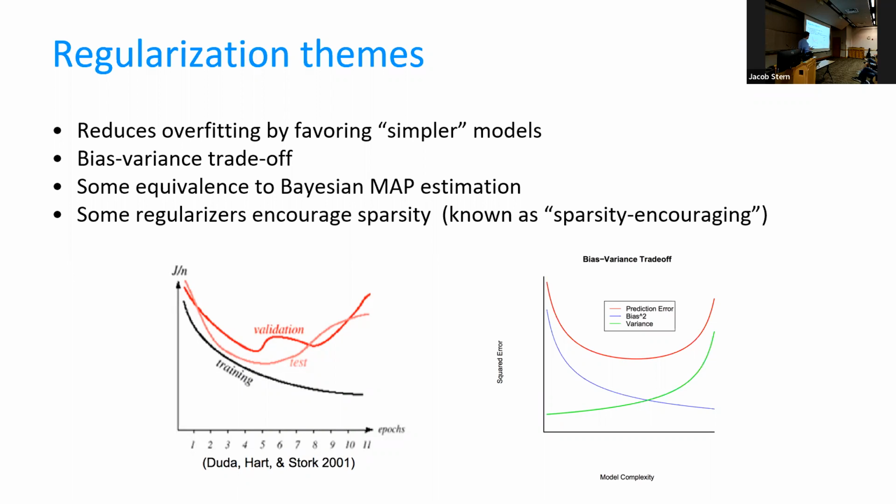Again, that's the bias variance decomposition of mean squared error. It shows you basically how the mean squared error of your network can be decomposed into a term representing the variance of your model predictions and the bias of your model predictions. We're not going to be talking about Bayesian math estimation, but we are going to talk a lot about sparsity, which is basically how certain regularizers push our network weights to 0.